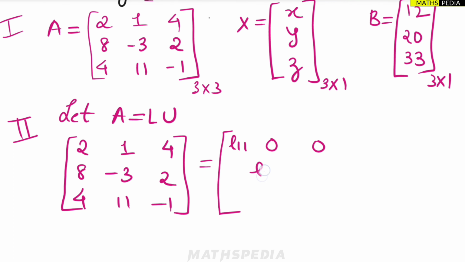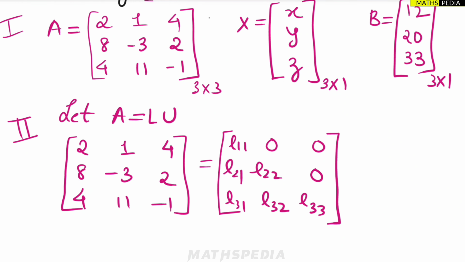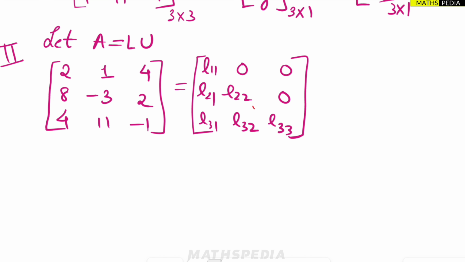So L22, these are diagonal elements, L33, L21, L31, L32, and you can observe that above these diagonal elements we are having zeros. So here what happens? We have to consider the diagonal elements as 1. That is the main thing in Cholesky's triangulation method.